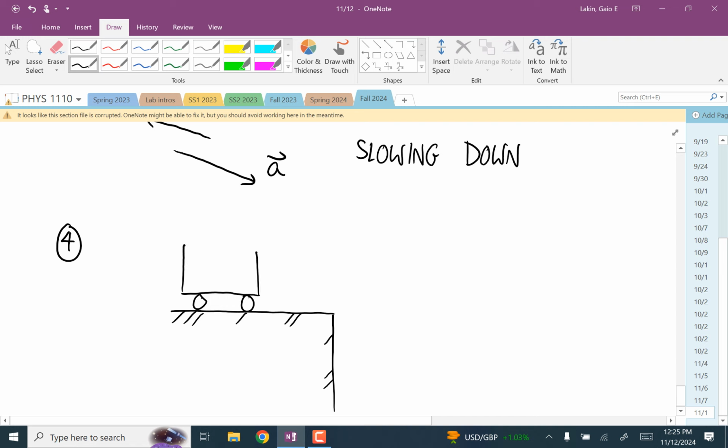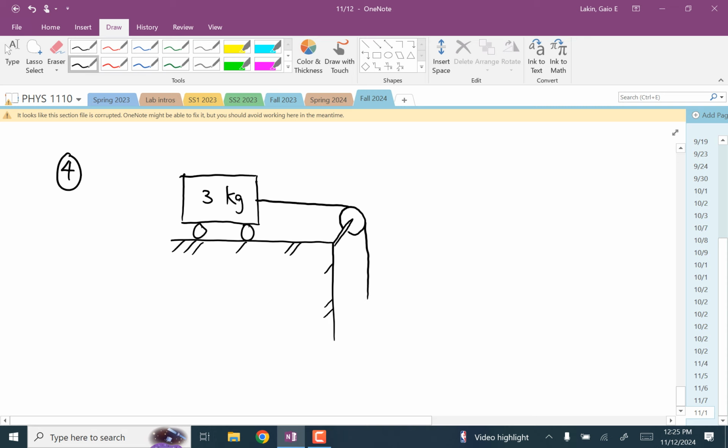We have a rolling cart here with a mass of 3 kilograms, and it's connected to a hanging mass of 2 kilograms. We want to calculate the acceleration vector of that hanging mass and then the tension in the cable.